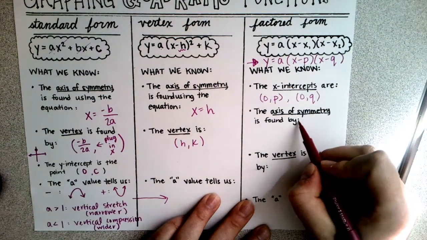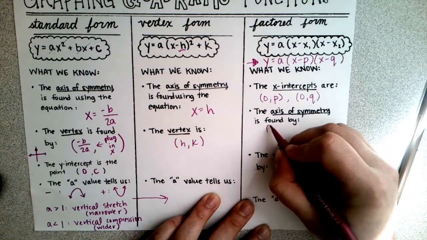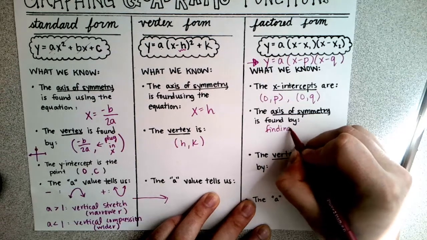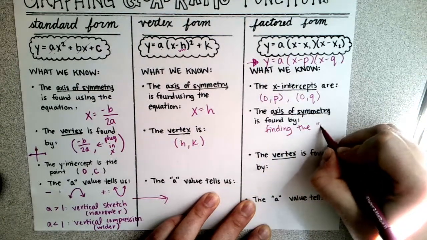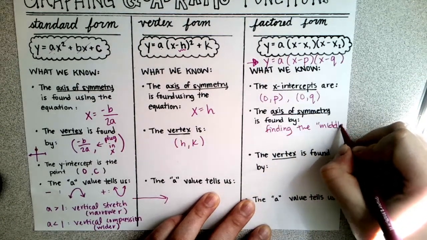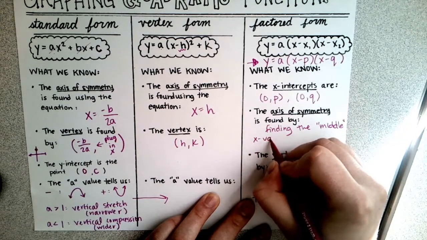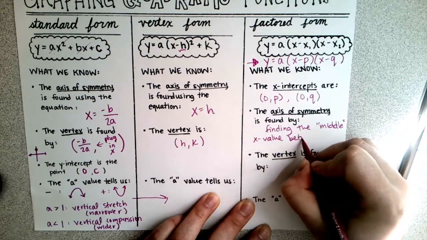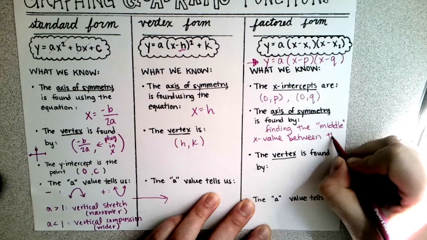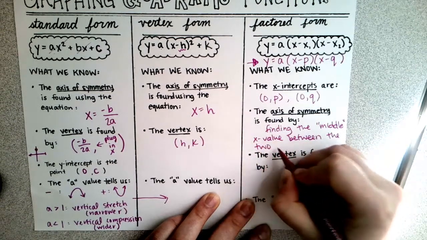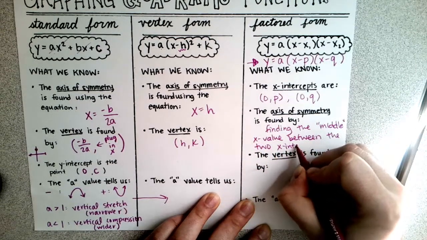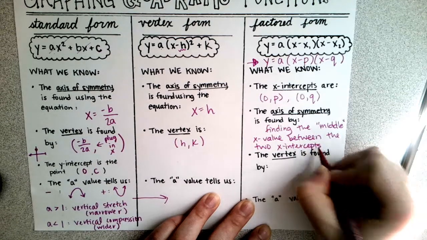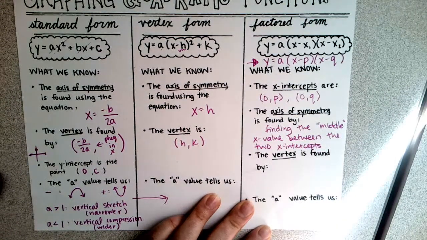The axis of symmetry is found by finding the middle x value between the two x-intercepts. And that works because we know parabolas are symmetric, so if we know where the two x-intercepts are, then the axis of symmetry needs to be right in the middle.